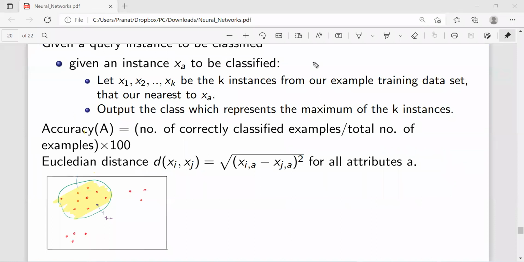Here is an example. There are 3 clusters, right? 1, 2, and 3. And this is our query right here. What we do is we calculate the Euclidean distance, which is given by this formula. It's a simple distance that we calculate in mathematics on a graph or whatever.